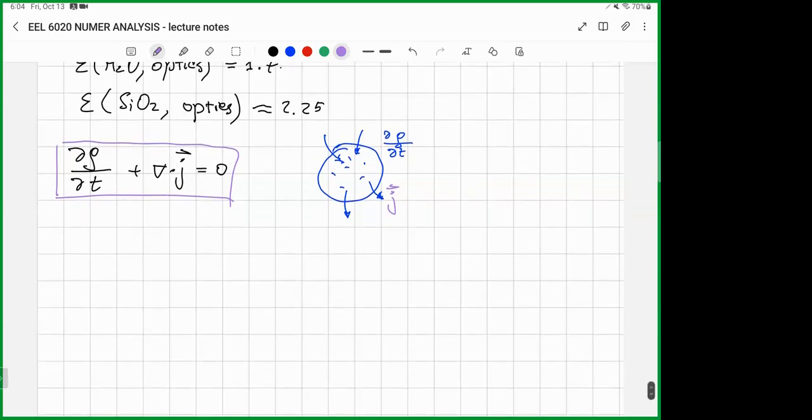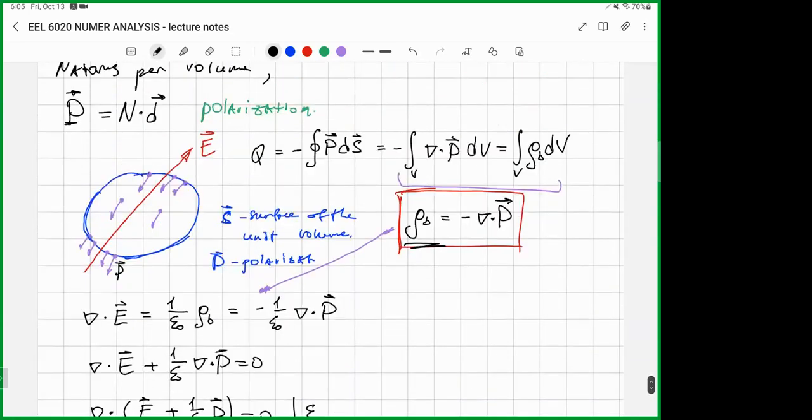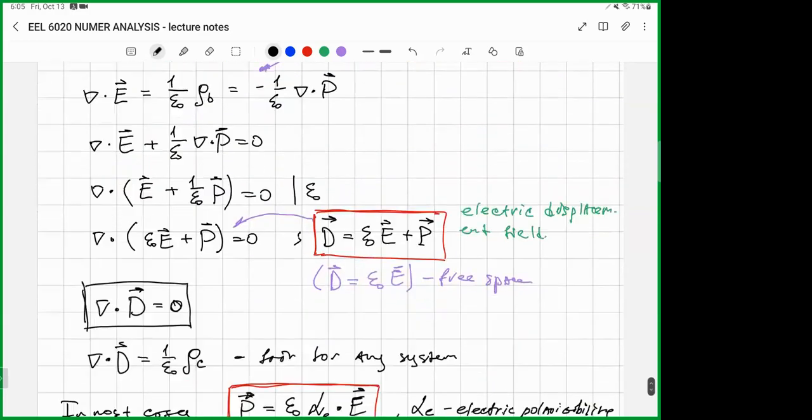Okay. So we don't have free charges, only the bound charges, and the same logic applies as what we discussed here. Some of the charges go into some unit volume, some of the others go out.